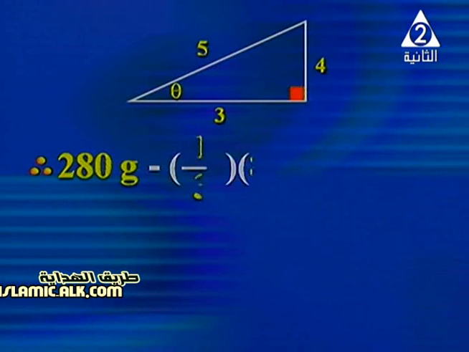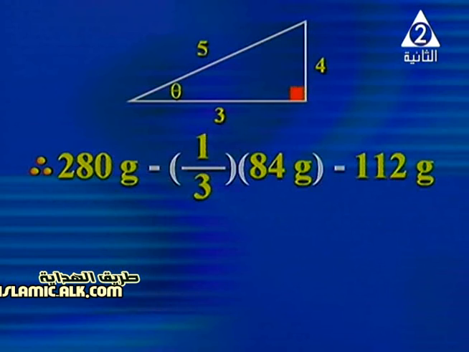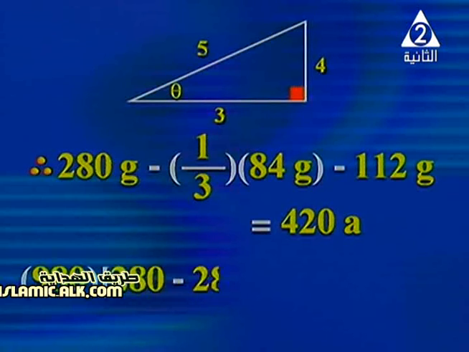By substitution about mu equals 1/3 and the value of r, then 280 g minus 1/3 times 84 g minus 112 g equals 420a. This equation finds the value of acceleration a.